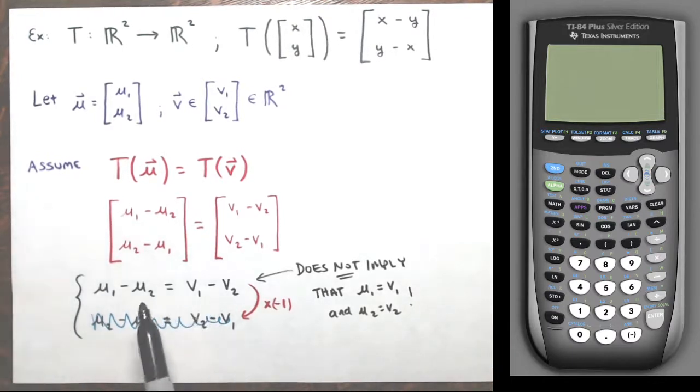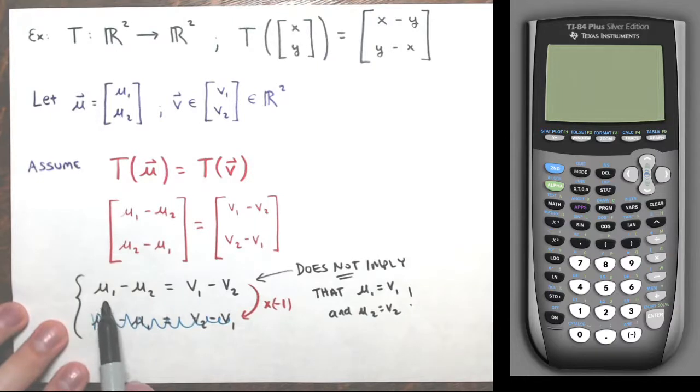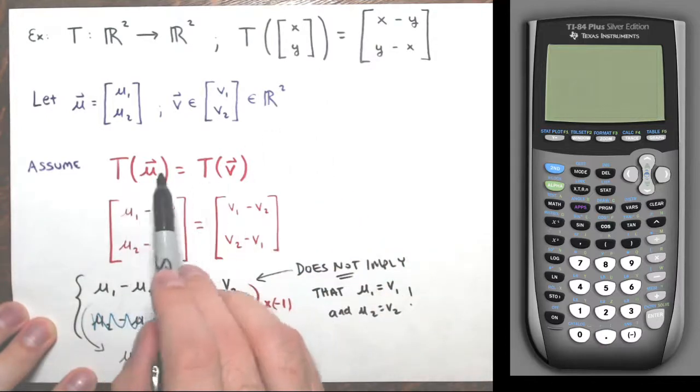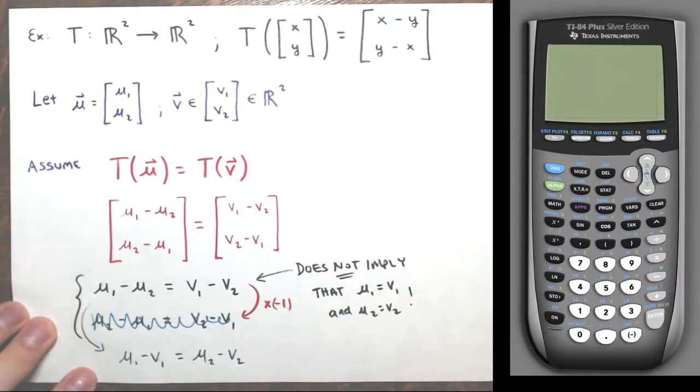Because, think about it. If I rewrite the equation a little bit, say I subtract v1, I get u1 minus v1 on one side, and then add u2, you get u2 minus v2. So as long as u1 minus v1 is the same as u2 minus v2, or as long as u1 minus u2 is the same as v1 minus v2, this will be true. T of u will be equal to T of v.